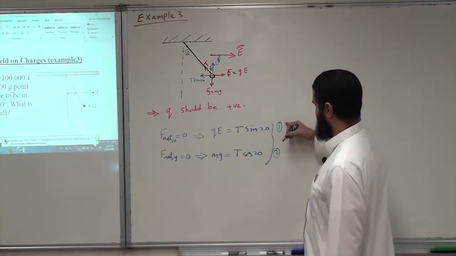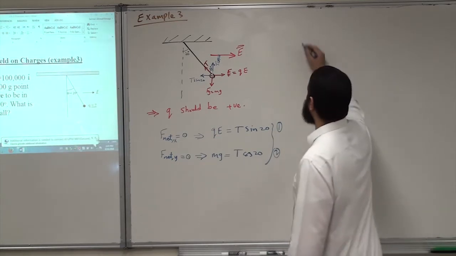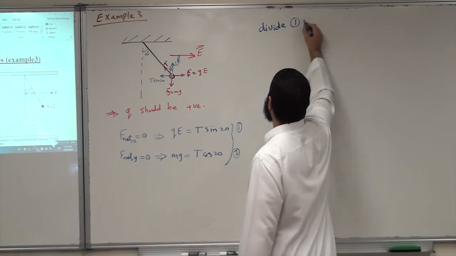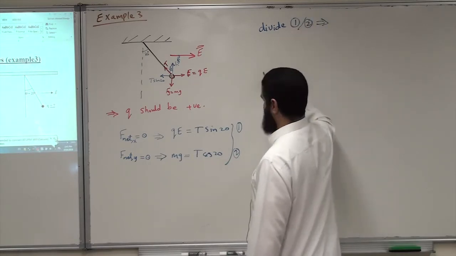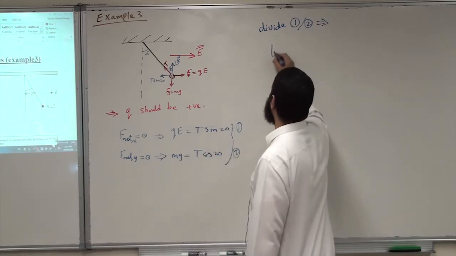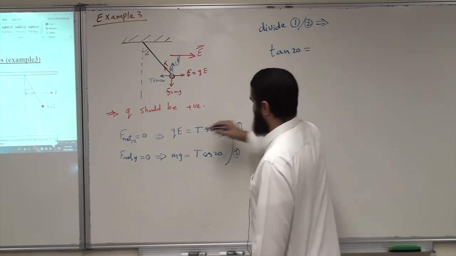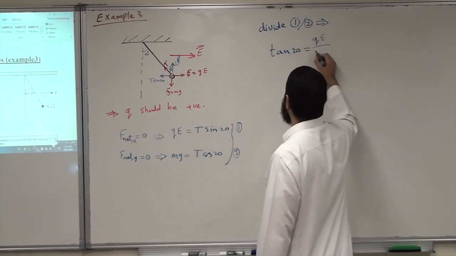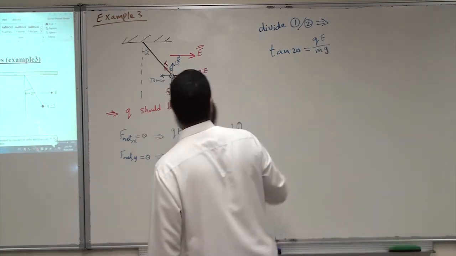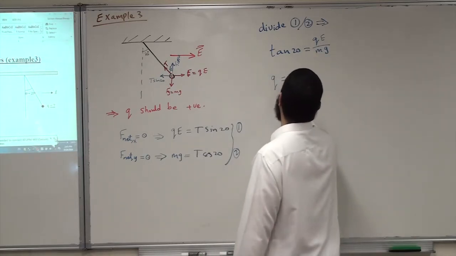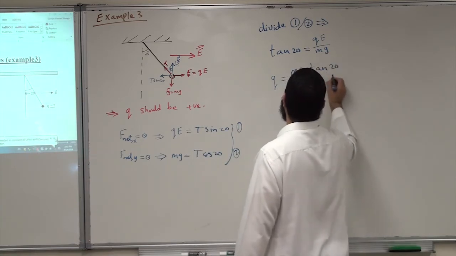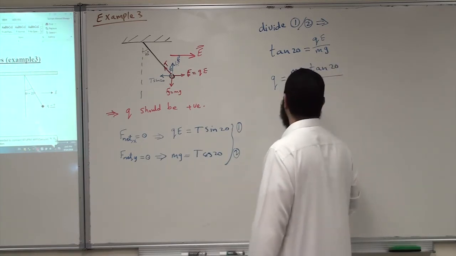If you divide 1 over 2, T will cancel out, sine 20 over cosine 20 will give us tan 20 equals QE divided by mg. And he's asking us about the magnitude of the charge. So the charge will be mg tan 20 divided by the magnitude of the electric field.